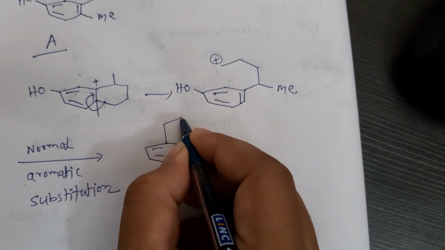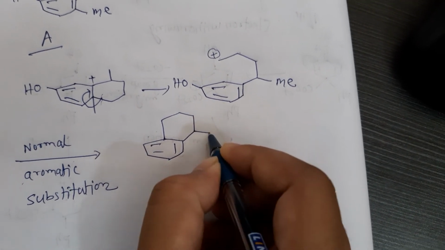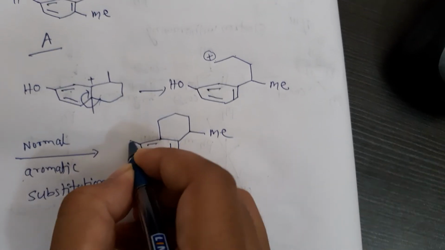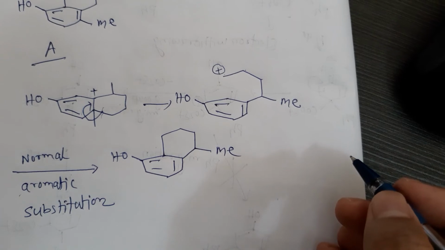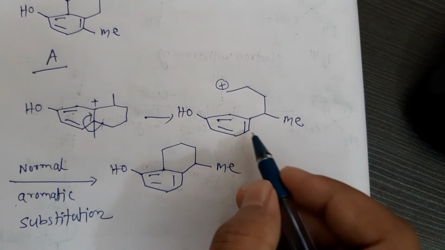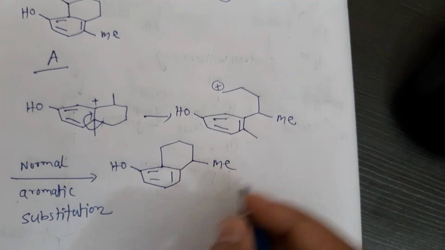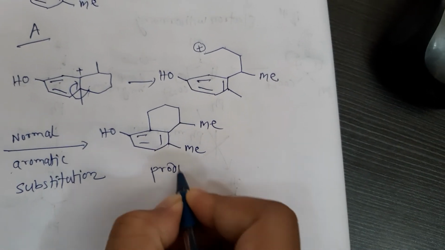Then one methyl group comes to that side, here OH, and one methyl group remains here. This is one methyl group. This is product B.